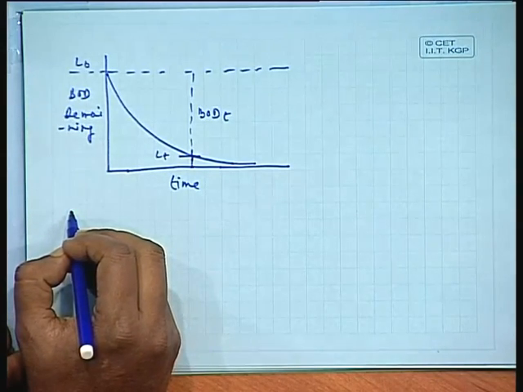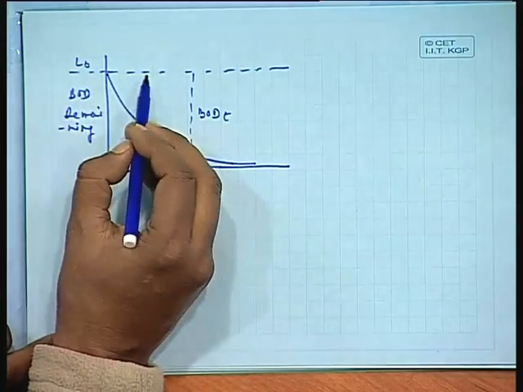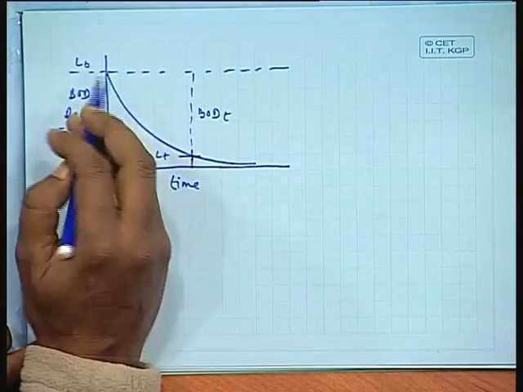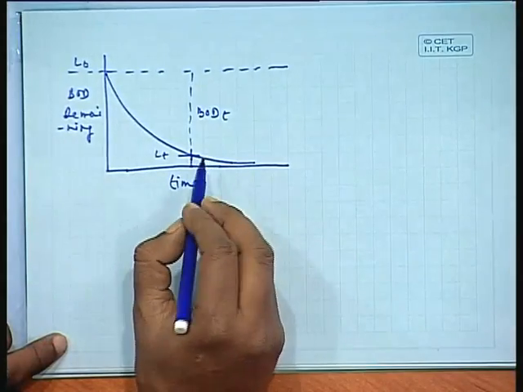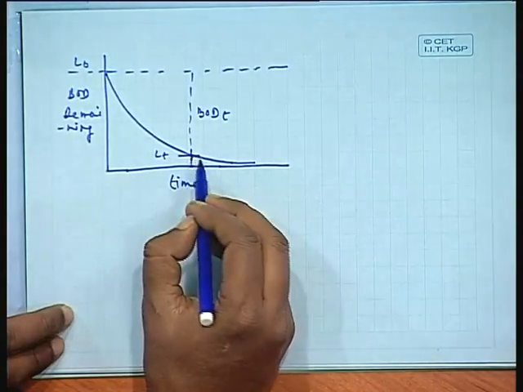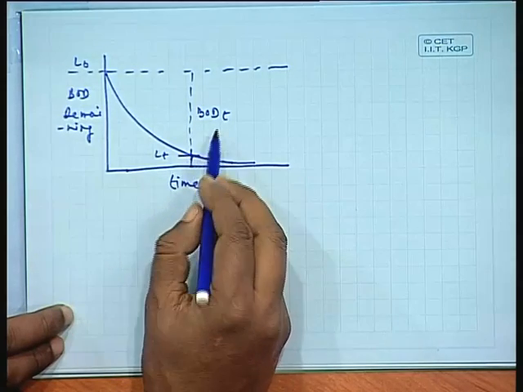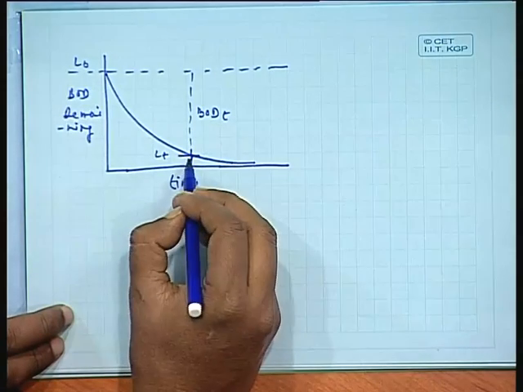Ultimate demand. Remember this, do not confuse it with the saturated value of oxygen; these are two different things. This is BODT, and this is LT.